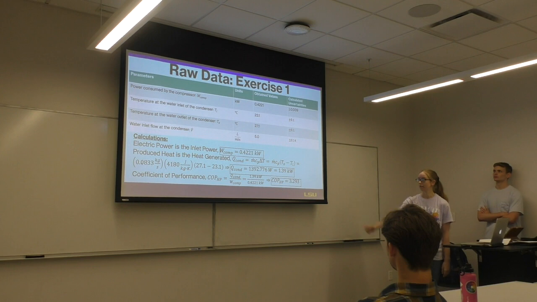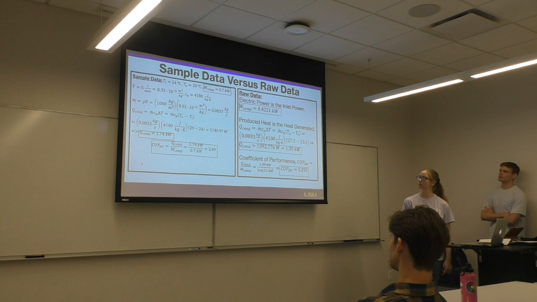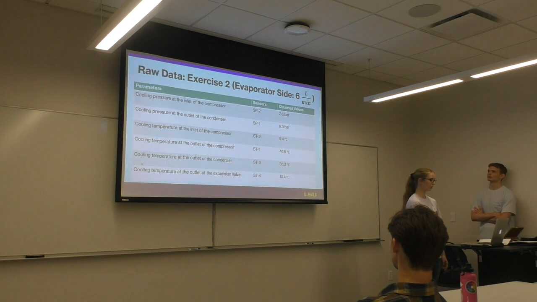And then I calculated the heat of the condenser and the heat pump COP. So there's a little bit of difference between my sample calculation from last time and the raw data, but that's because the work were different, and this would be about 1 higher.